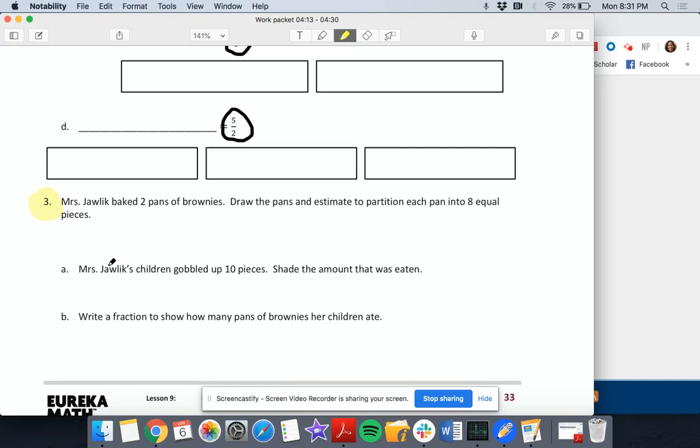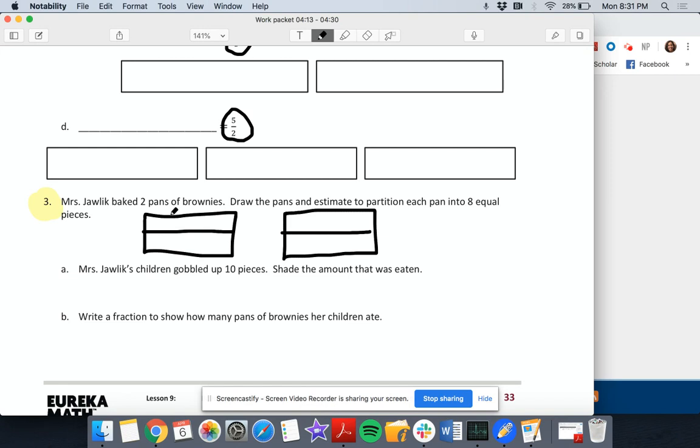Mrs. Jollick baked 2 pans of brownies. So right out the gate, I know she baked 2 pans, so I'm going to draw 2 pans. 1, 2. Draw the pan and estimate to partition each pan into 8 equal pieces. So it's telling me I need to divide these into 8 equal pieces. Okay, let's do that.